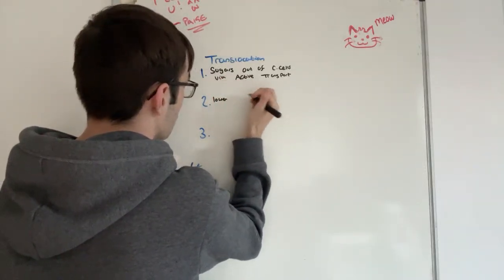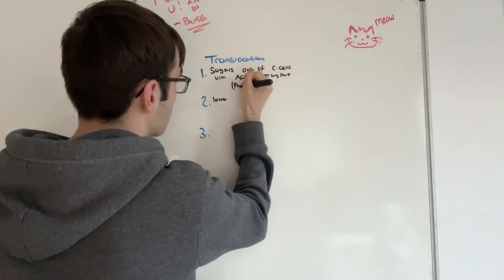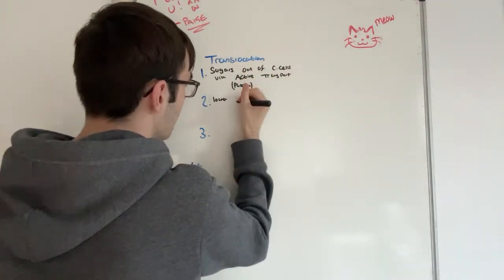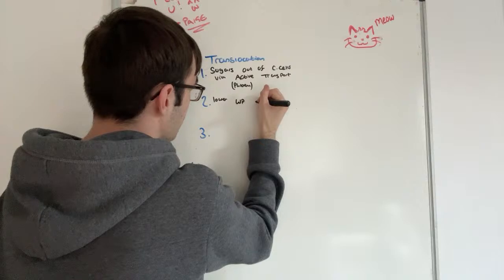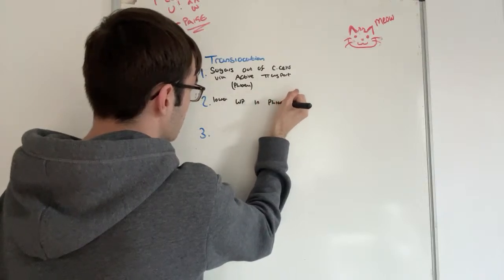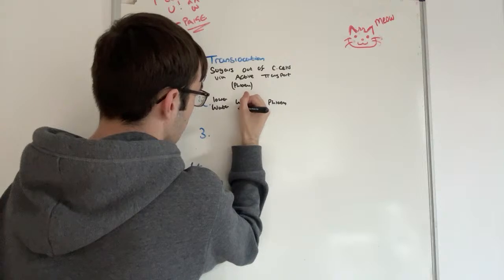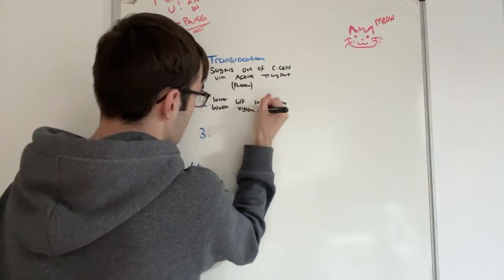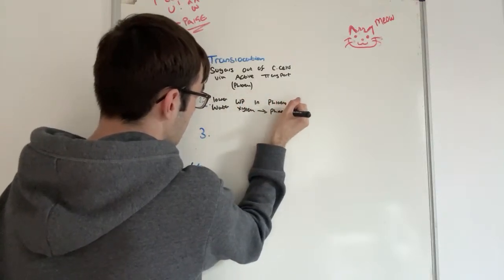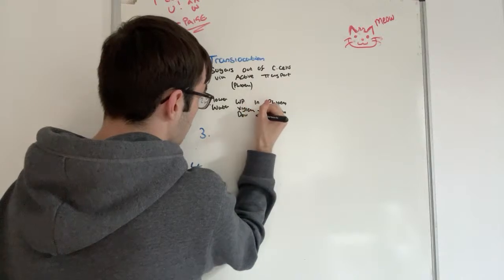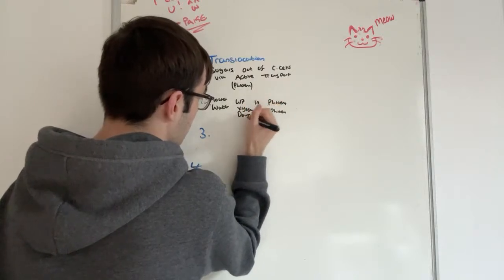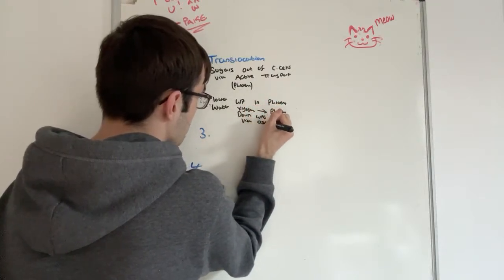I guess we should specify they move to the phloem. This is going to lower the water potential in the phloem. So water is going to move from the xylem to phloem down the water potential gradient via osmosis.